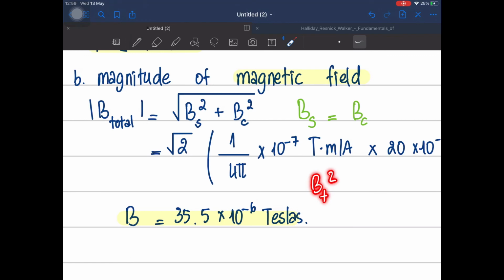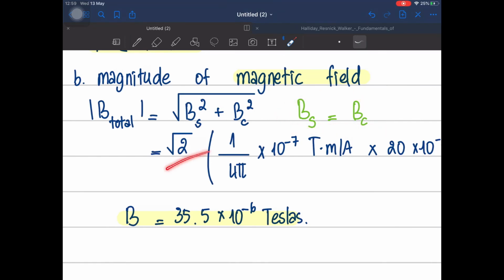It is because of this: B total is equal to Bs. I'm pretty sure you have seen this because it is the Pythagorean theorem, and you can simply take the square root of 2 out because of what we found earlier in the previous question, that Bs is equal to Bc.